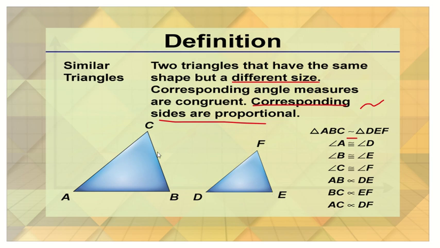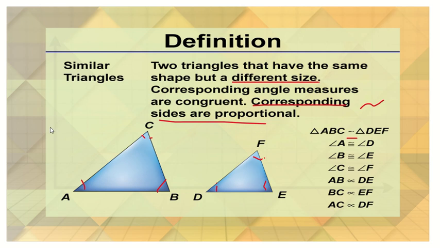If it is the case, this angle is equal to this angle, and in the same way angle B is equal to angle E. But the sides are AC by DF equal to CB by EF equal to AB by DE. So this will be proportional, right?